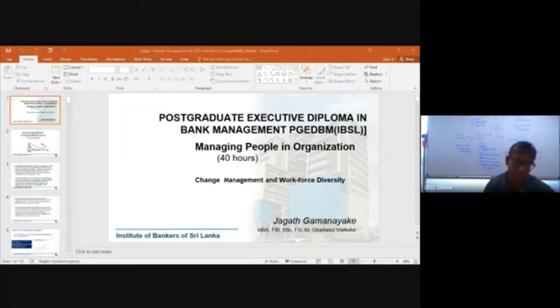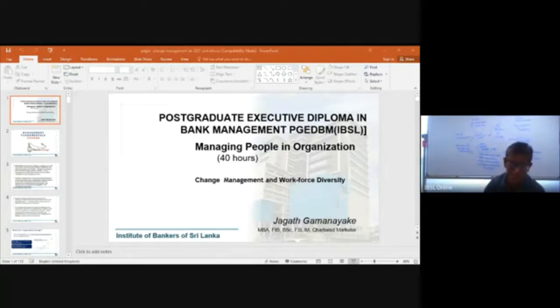And then we discussed what resistance is. What does resistance mean? We defined resistance as an attitude or behavior that reflects a person's unwillingness to make or support the desired change. That is resistance defined technically. And then we discussed the 2 types of sources of resistance.